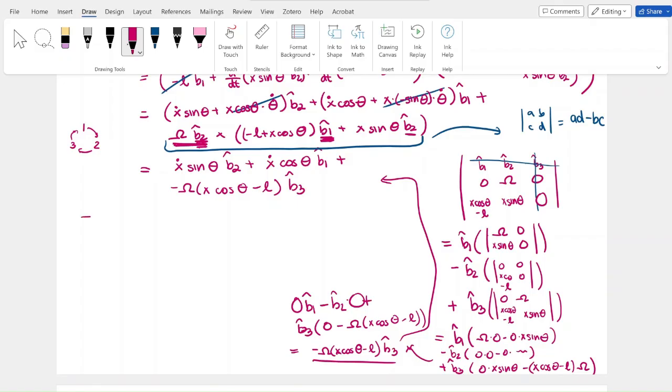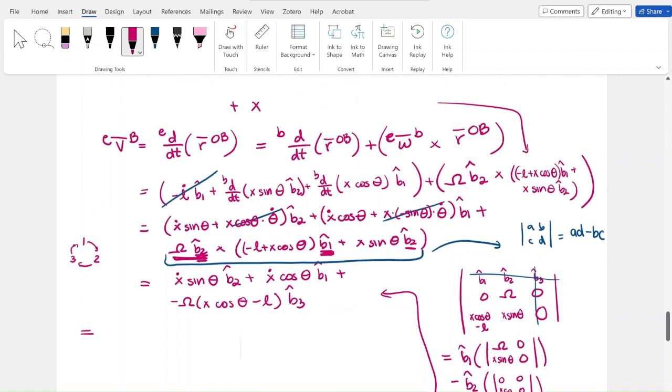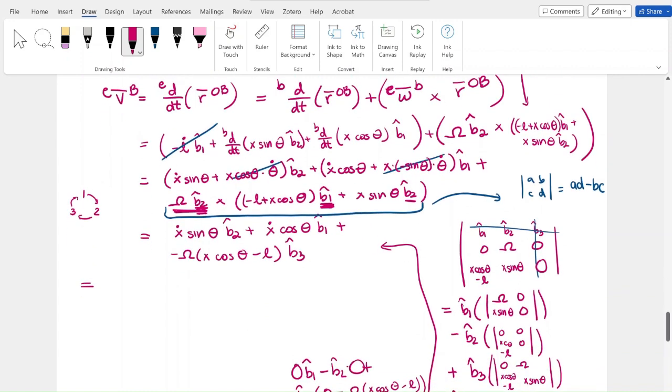Okay, great. So now we have this expression for the velocity of B with respect to E. That gives us x dot cosine theta B1 hat plus x dot sine theta B2 hat minus omega x cosine theta minus L B3 hat.